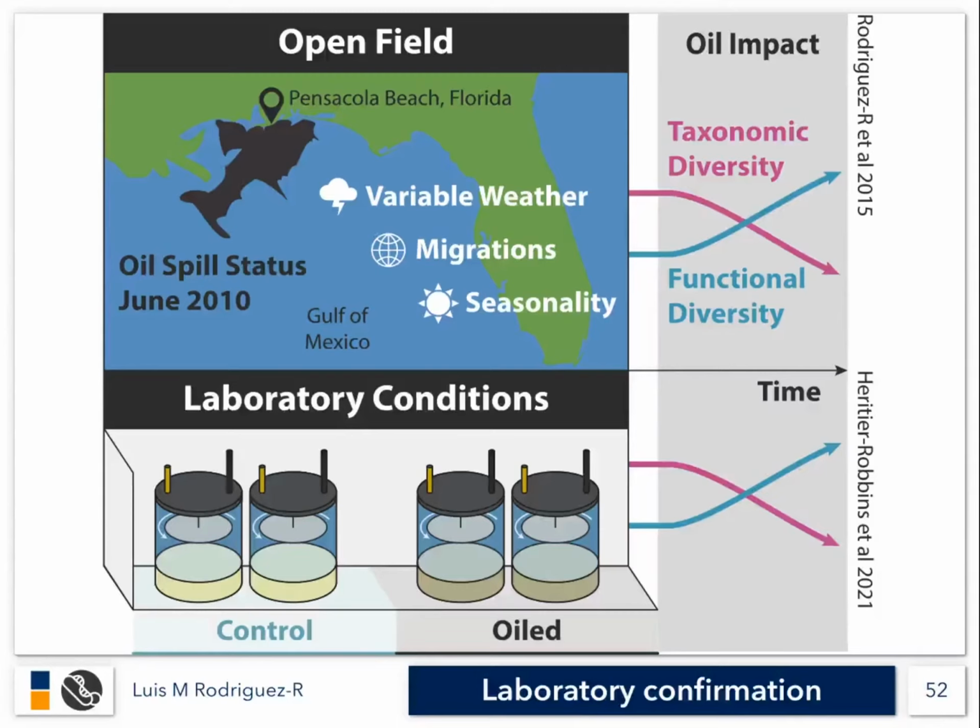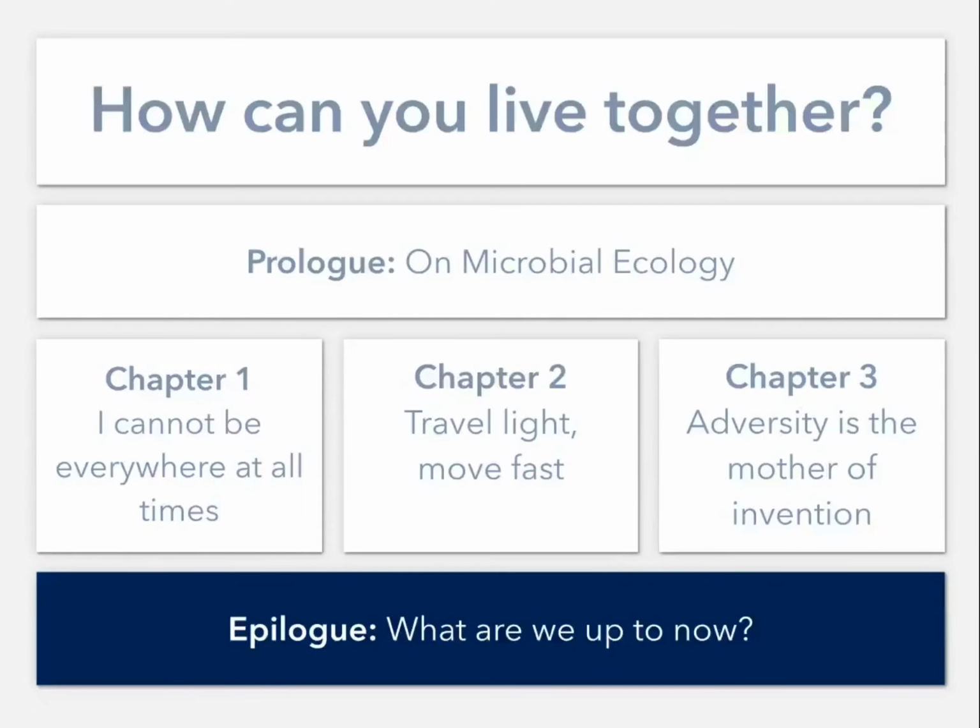So what we set out to do was reproduce the entire experiment, but in the laboratory. This was published last month in the ISME journal. We got a confirmation of this. We observed the exact same pattern in the laboratory that we had observed in the open field.